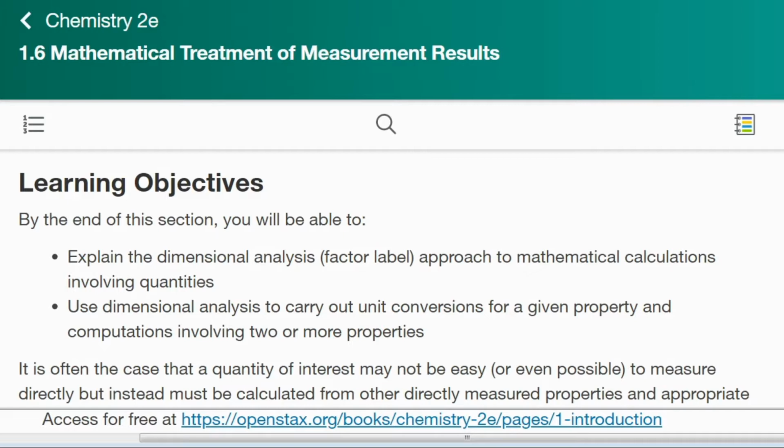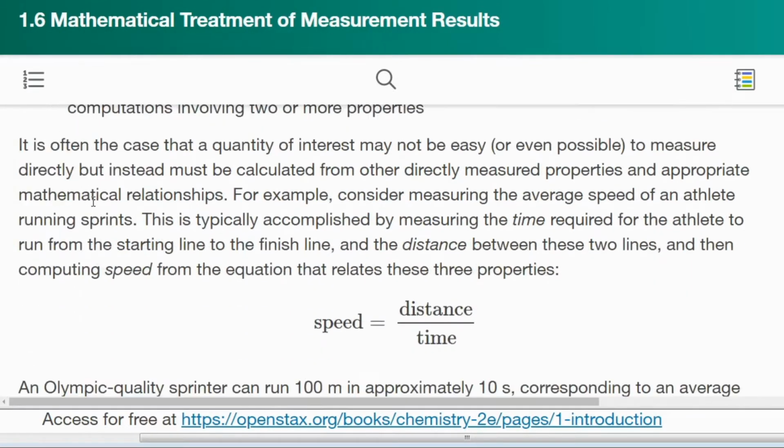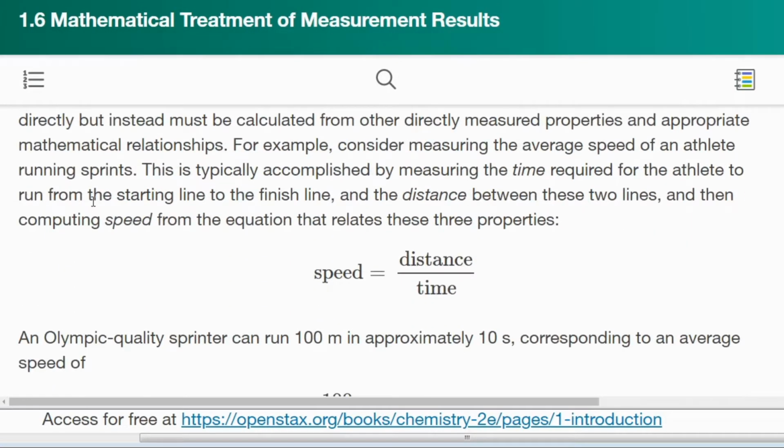It is often the case that a quantity of interest may not be easy or even possible to measure directly, but instead must be calculated from other directly measured properties and appropriate mathematical relationships. For example, consider measuring the average speed of an athlete running sprints.